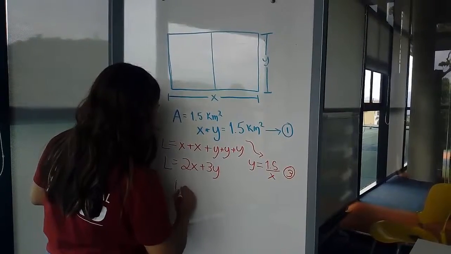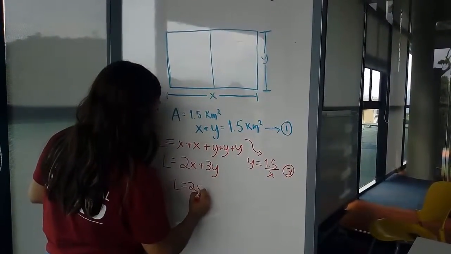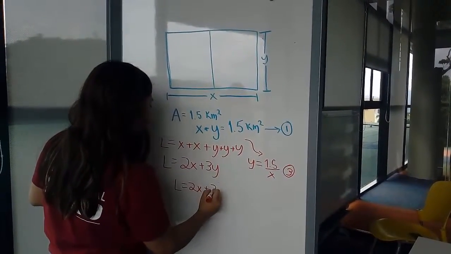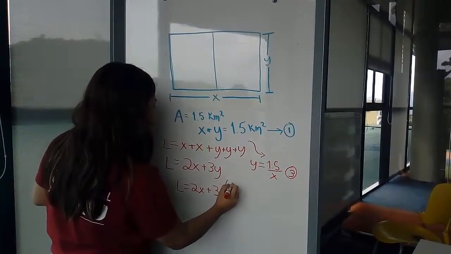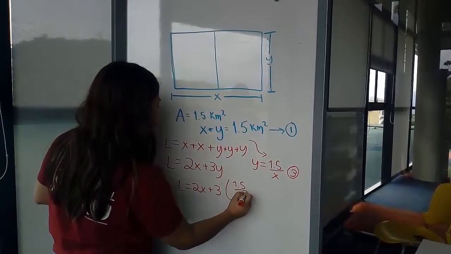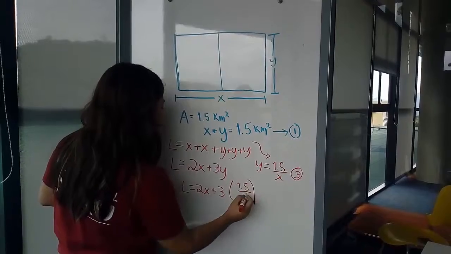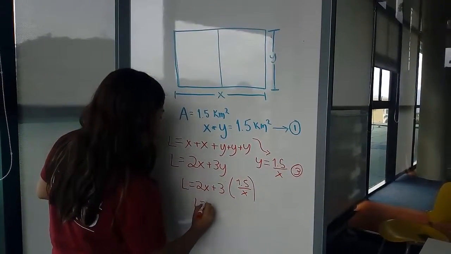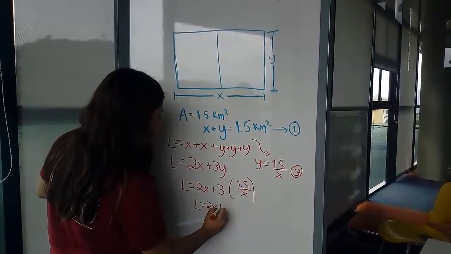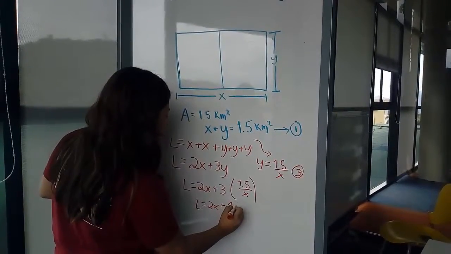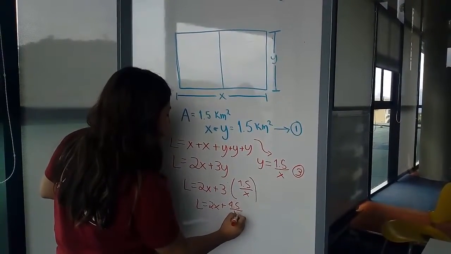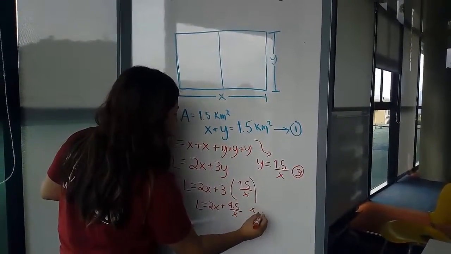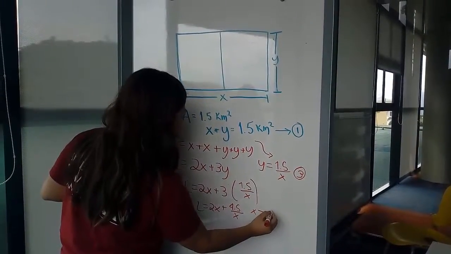Now we substitute it in the second expression, so L is equal to 2 times x plus 3 times y, and this will be the main function that we want to optimize. Now L only depends on one variable, which is x. The domain of the function will be x greater than 0, because as it is a distance, the values can only be positive.